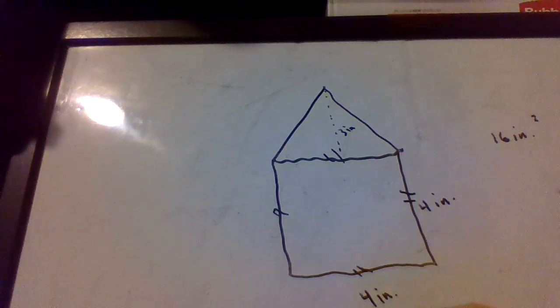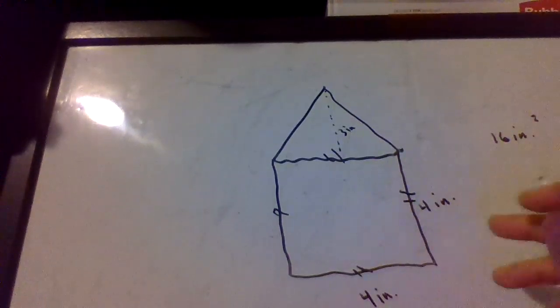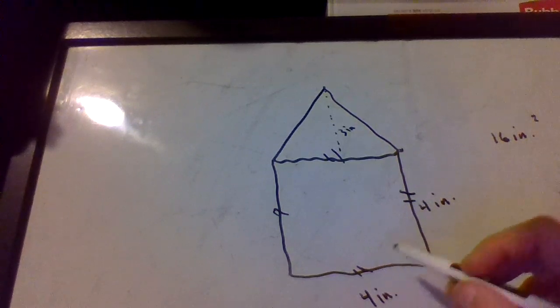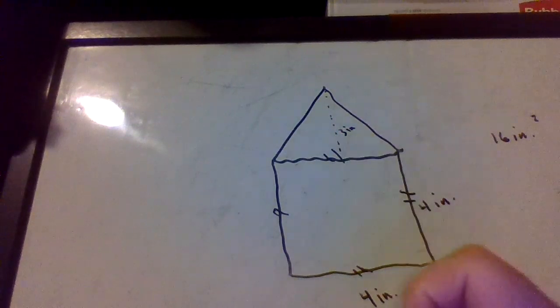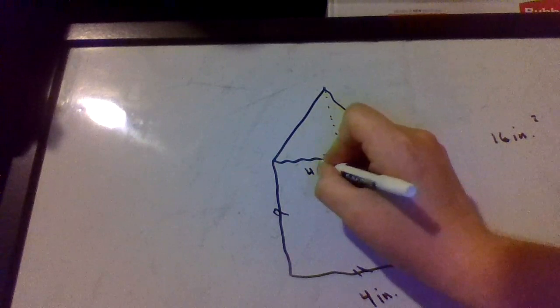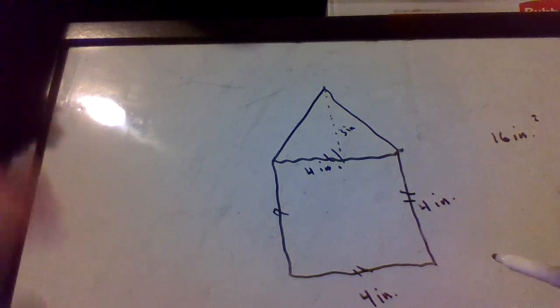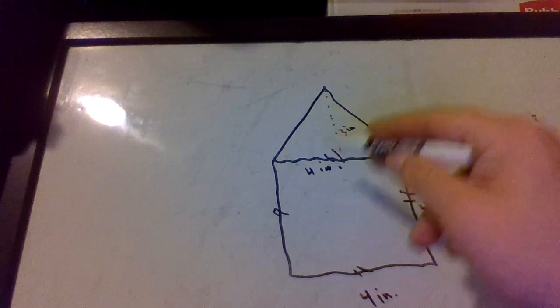Now we need to find the area of the triangle. So we know that the sides are all equal. So this side is 4 inches just like that side. But if the sides are all equal, this side is also 4 inches. So we're going to put 4 inches right here. Now the way that we're going to find the area of a triangle is we're going to multiply base times height.